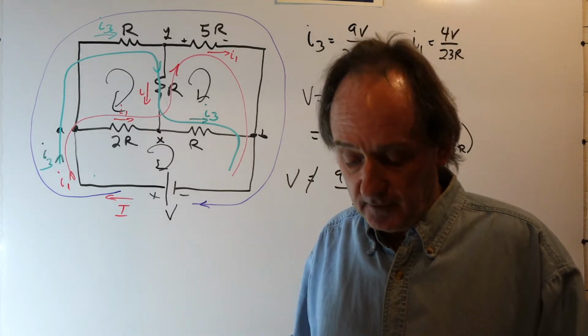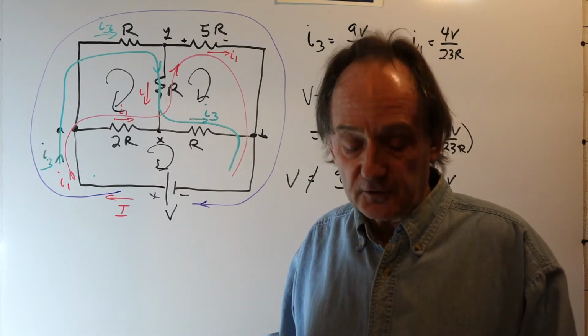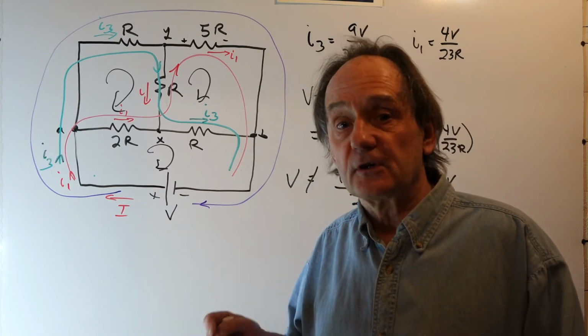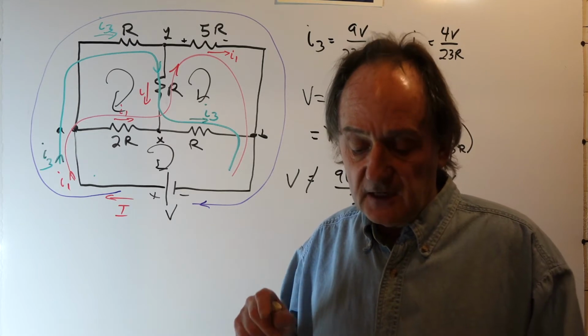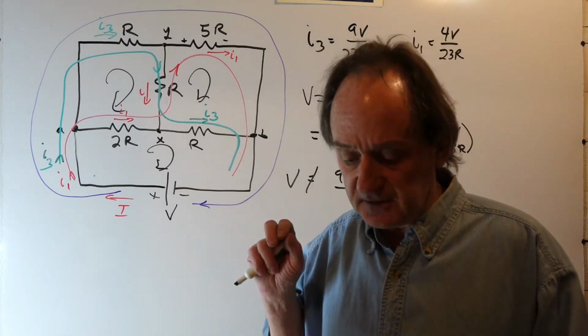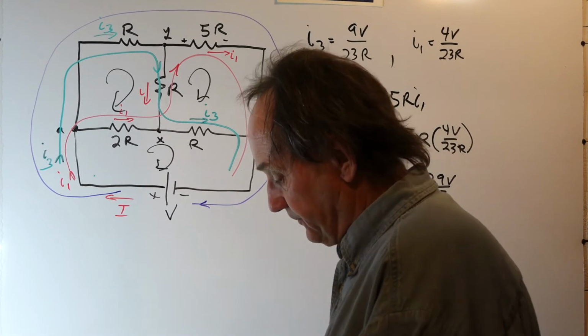This is why it's important to first check Kirchhoff's voltage law in a loop not used to determine the currents, to see if the solution is consistent and valid.